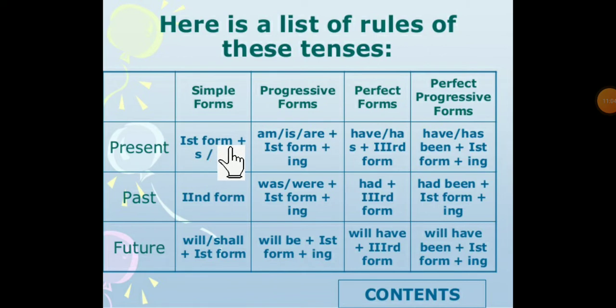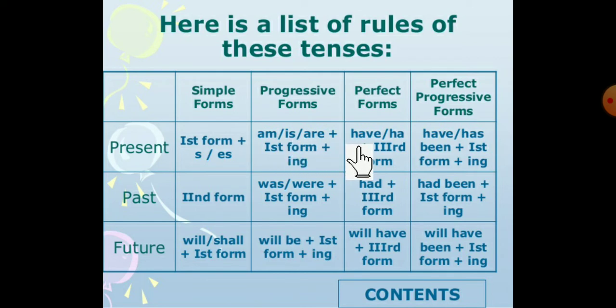So here in the simple present tense, see the rules. What is the formula? First form of the verb plus s or es when it is simple present tense. When it is present continuous tense, you can use am, is or are, and first form of the verb plus ing, because it is continuous.